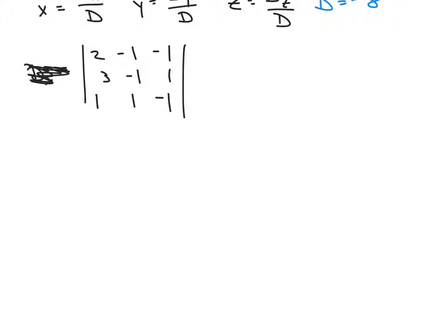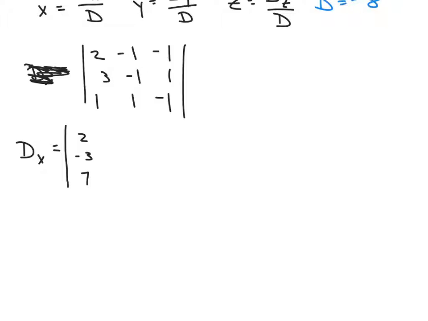Okay, so D of x, if you remember right, from Cramer's rule, let's see, where is it? D of x, if you look on page 567, it says that when finding D of x, we're going to take our answers, 2, negative 3, 7.